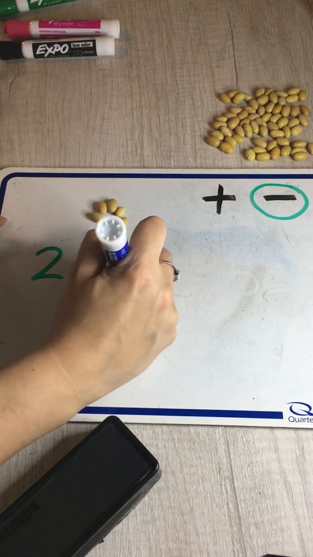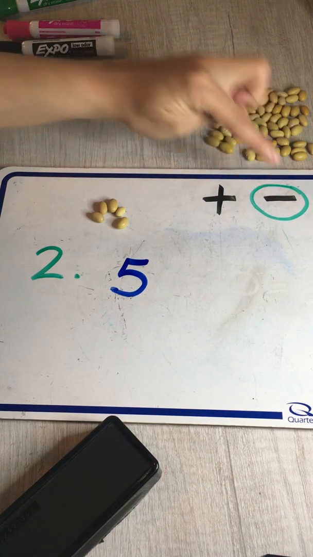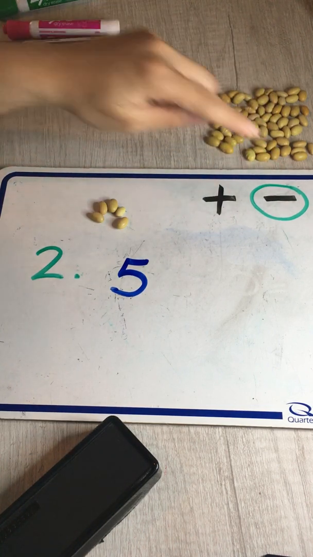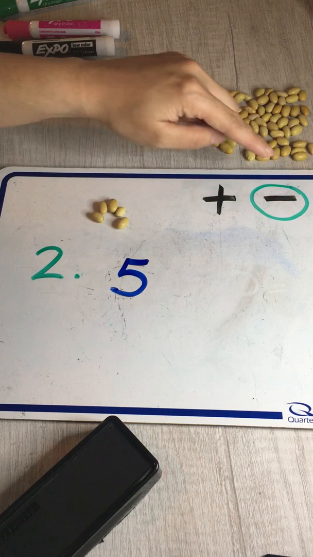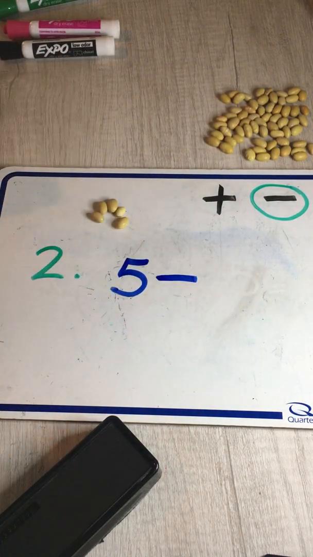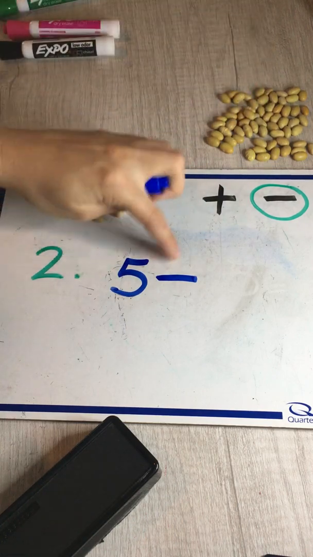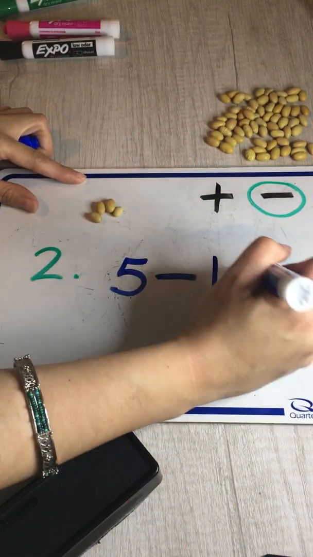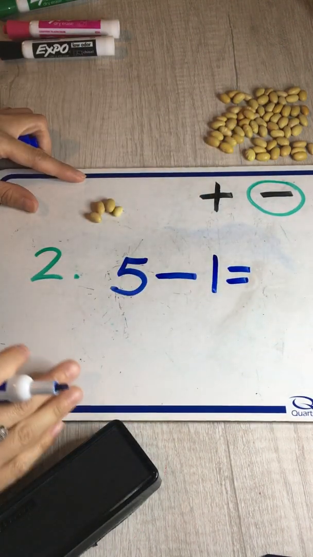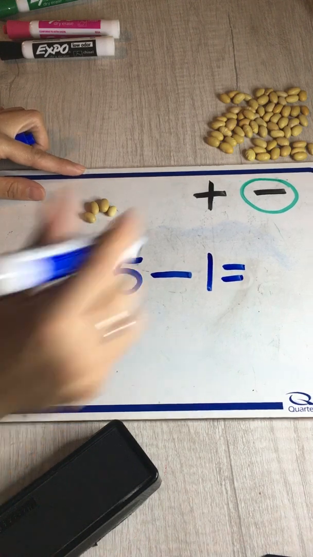So she had 5 beans. And then did she add beans or did she take away beans? She took away beans, so we're going to use the subtraction sign, the minus sign. 5 minus, and how many beans did she take away? 1. So 5 minus 1 equals how many beans were left? 4.